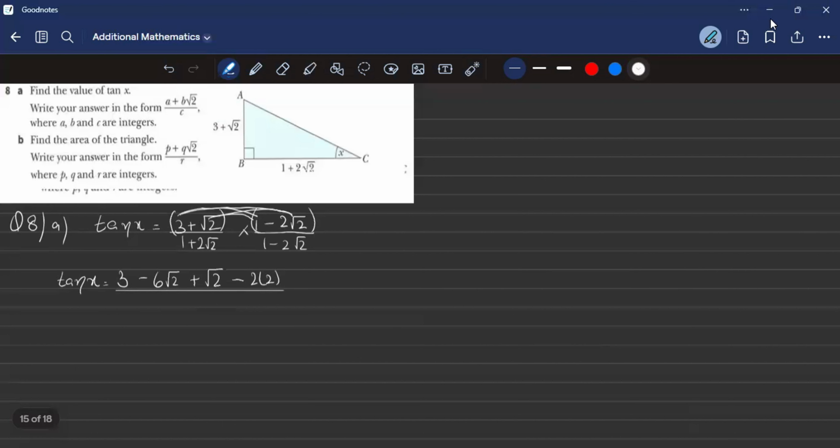We know that's a quadratic identity, so a plus b multiplied by a minus b is equal to a squared minus b squared.